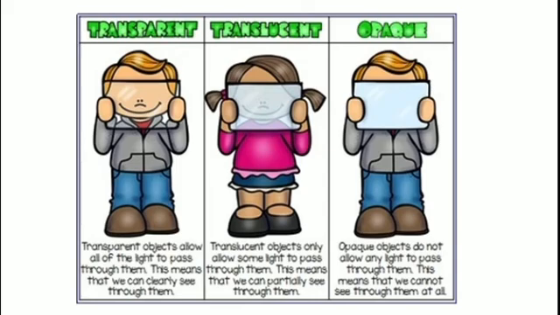That means we can see clearly through them, right? Translucent objects allow some light to pass through them. That means we can see partially through them. Then comes the opaque object. Opaque objects do not allow any light to pass through them. It means we cannot see anything through them, right?